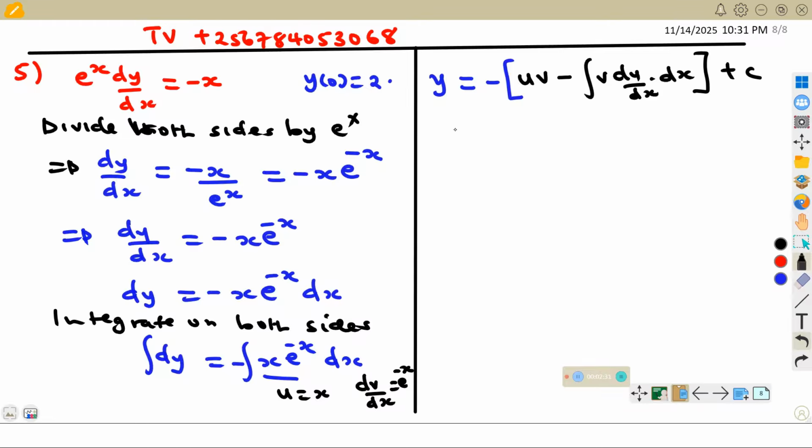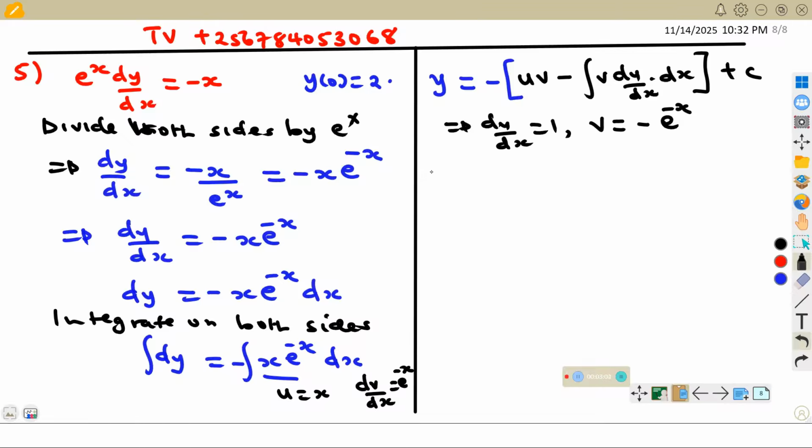In other words, our u is x, our du/dx is 1, and our v is negative of e to the power -x. You integrate e to the power -x; the derivative of -x is -1, so you divide by -1, which gives negative of e to the power -x.